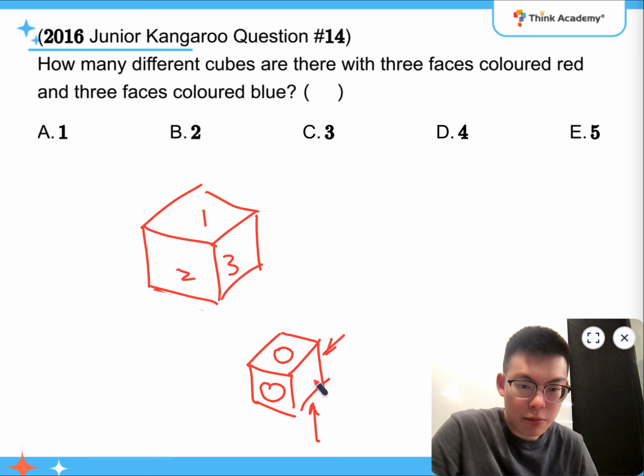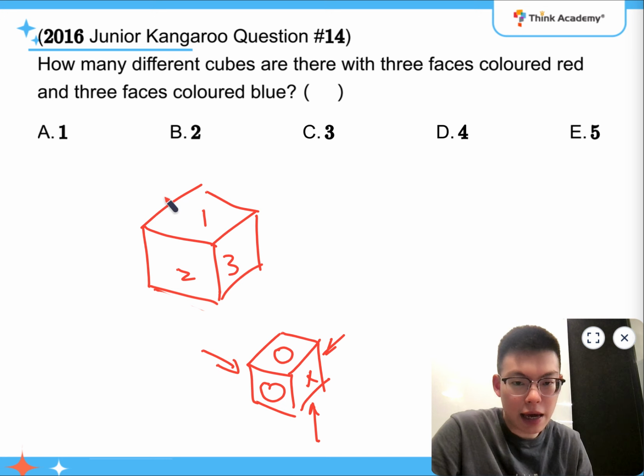Because if I am moving this face to the back, then again, it would be no different from the first cube, right? So basically, there will just be 2 different kinds of these cubes. So it's either 3 in a row or 3 at a point. There can't be any other possibilities, okay?